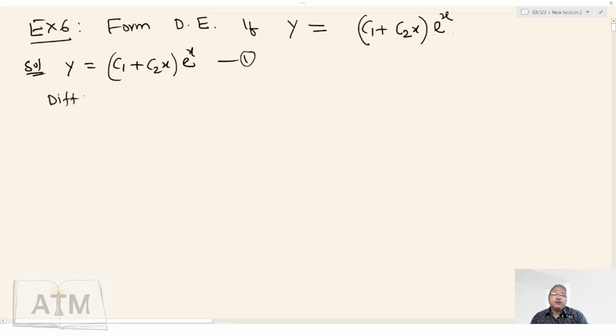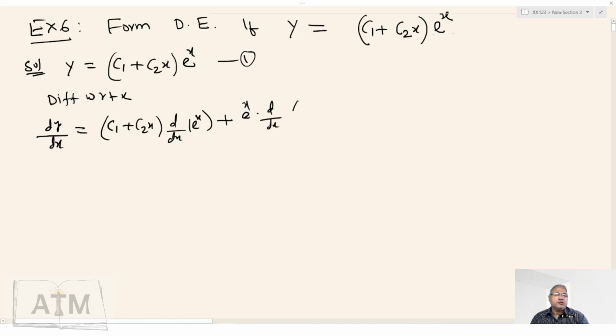Differentiating with respect to x, here we apply the product rule: dy by dx equals c1 plus c2x into the derivative of e raised to x, which is e raised to x as it is, plus e raised to x into the differentiation of c1 plus c2x.